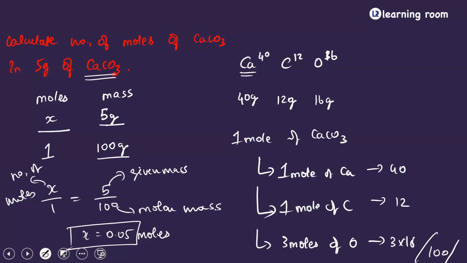100 வந்து என்னது? 100, what we calculate, it is the total mass of 1 mole of CaCO3. Note it down fully.